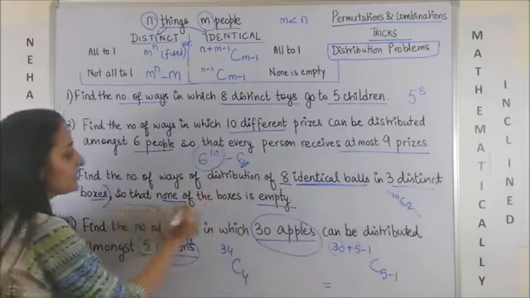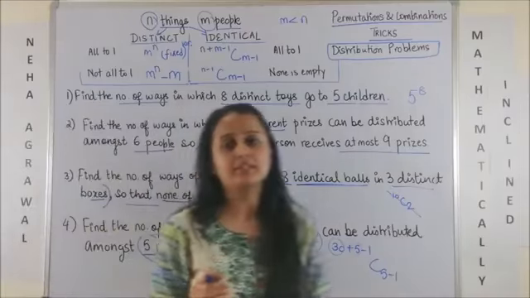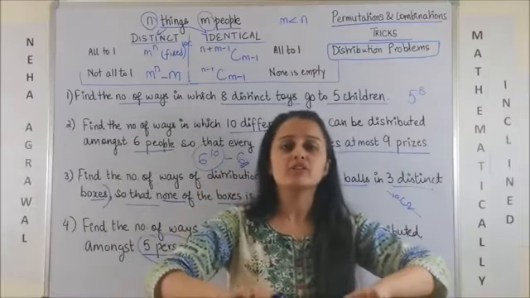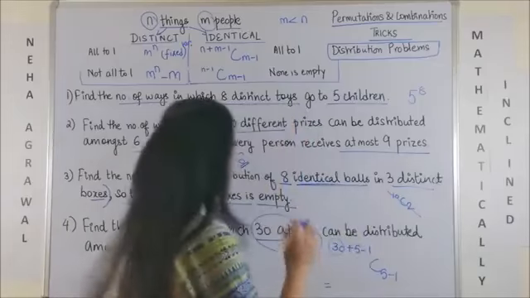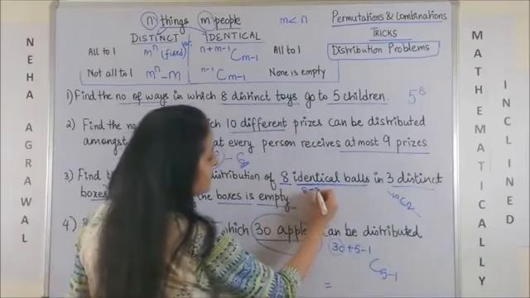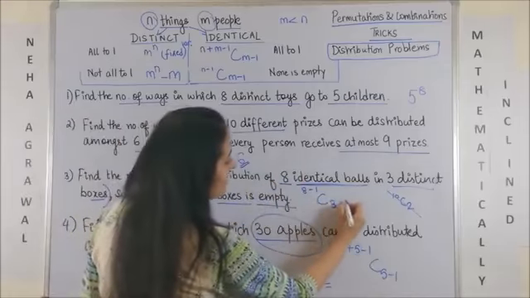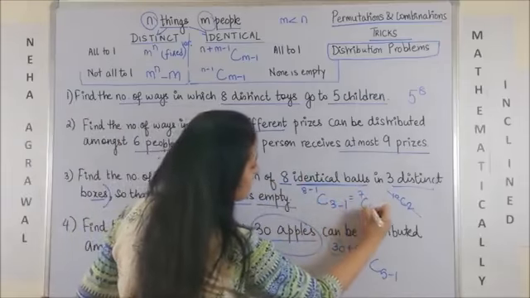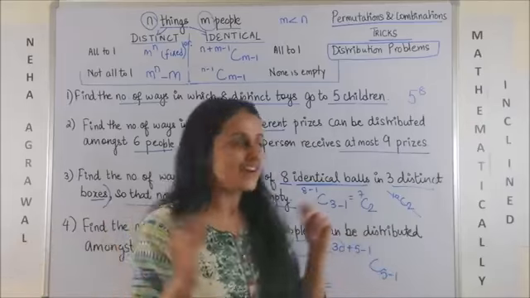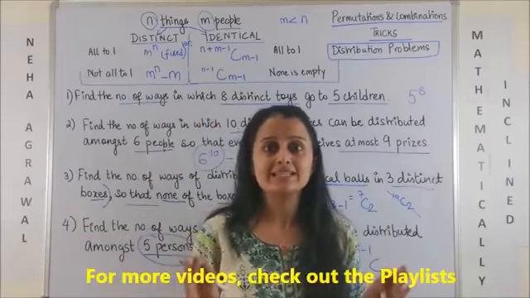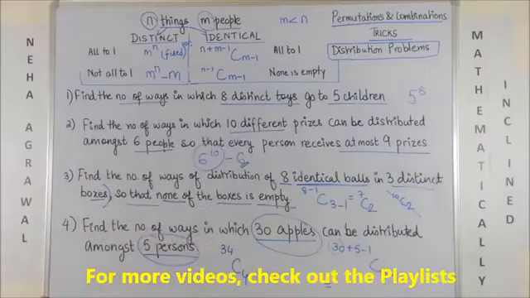It says so that none of the boxes is empty. In short, every box will have some ball. In this case, the formula is 8 minus 1 C the fixed minus 1, which is 3 minus 1. So 7C2. That was the answer. Wasn't it easy and quick?